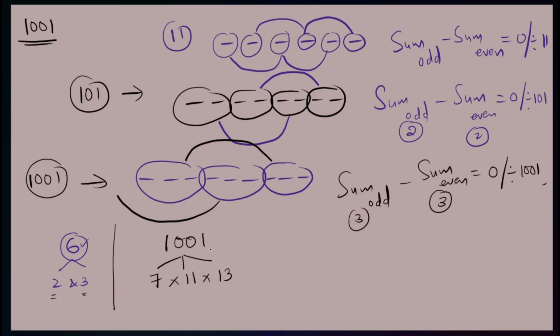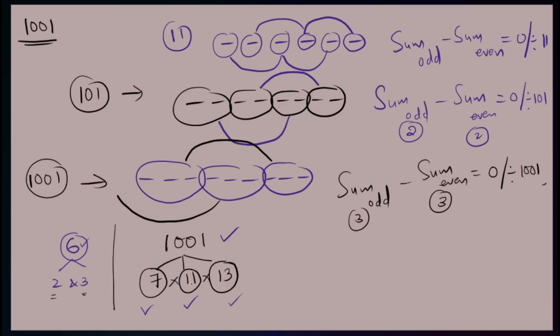So if a number is divisible by 1001, it should also be divisible by 7, 11 and 13. That is why I deliberately left the divisibility rule of 7 in the beginning.